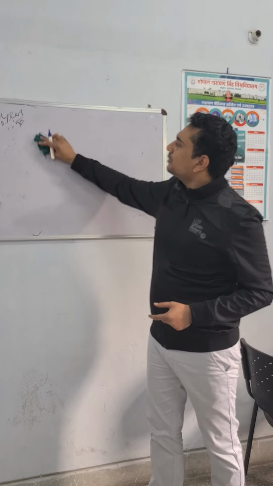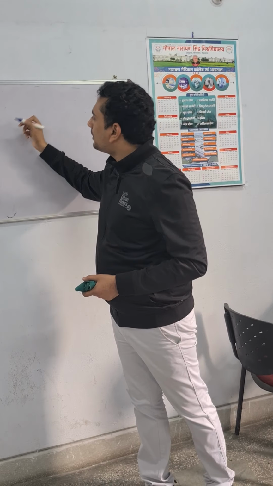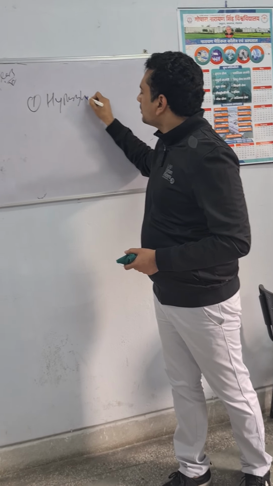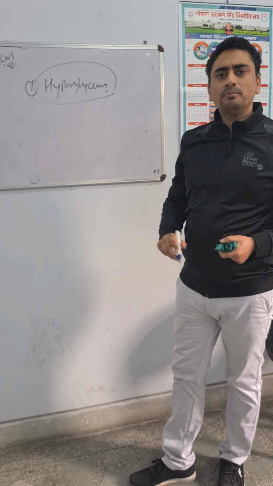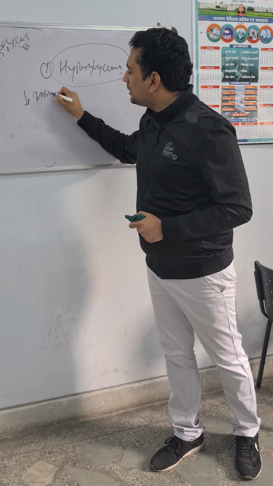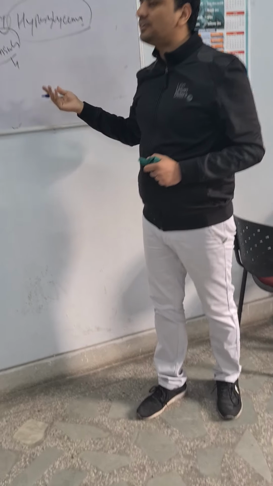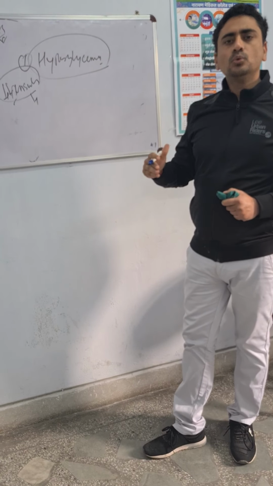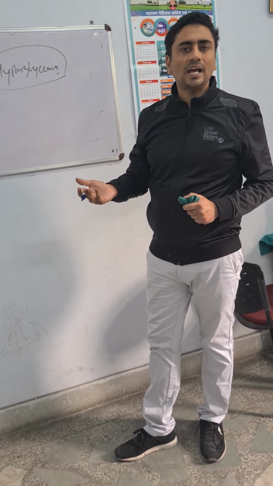Coming to the metabolic changes which we see. The metabolic change seen in type 1 diabetes mellitus is hyperglycemia. Why is there hyperglycemia? Because insulin is absent. So there will be decreased peripheral utilization of glucose by tissues. Glucose won't be able to go from blood into tissues, where it can be utilized for energy purposes.